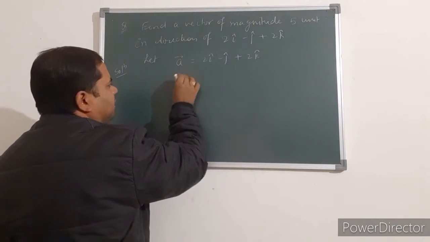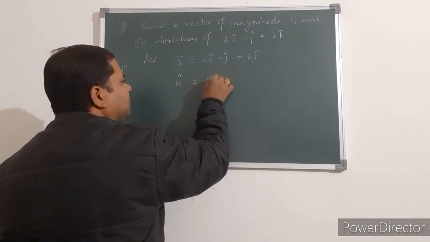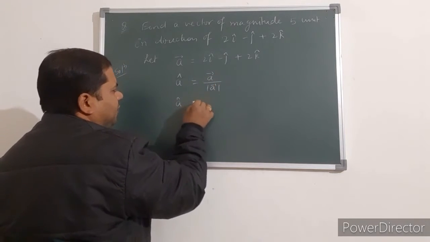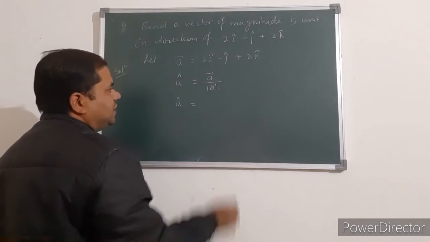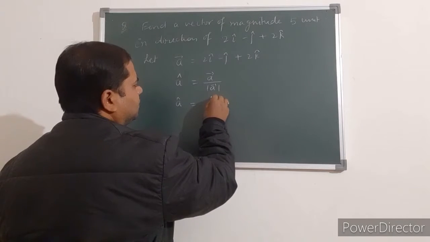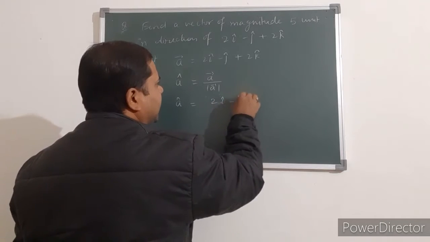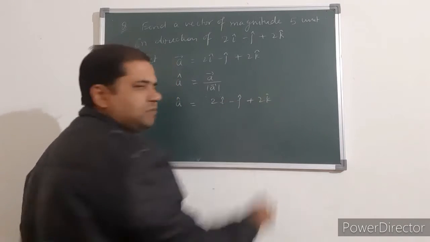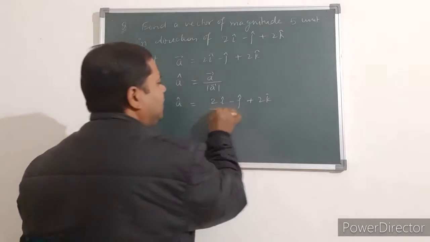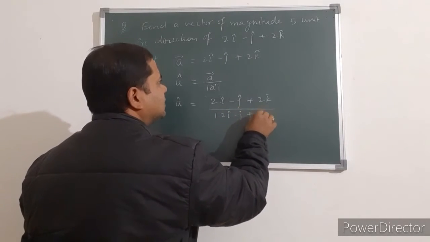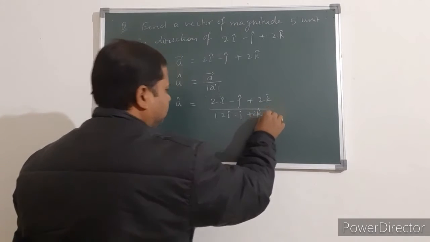Then A cap is nothing but vector A upon mod of A. So A cap is 2i cap minus j cap plus 2k cap divided by mod of 2i cap minus j cap plus 2k cap.